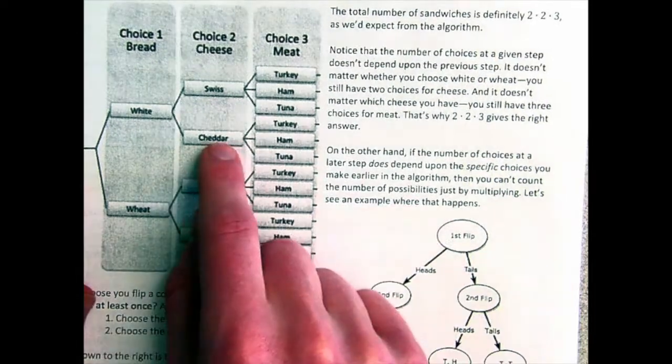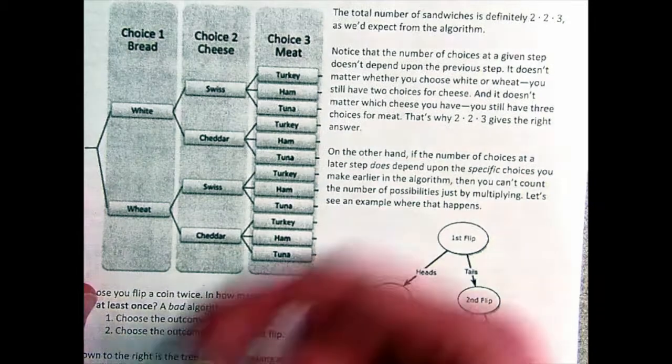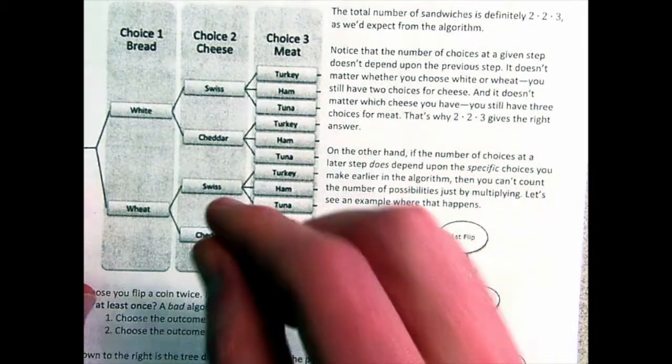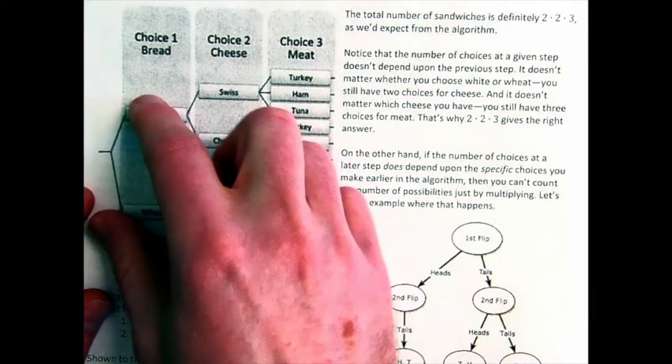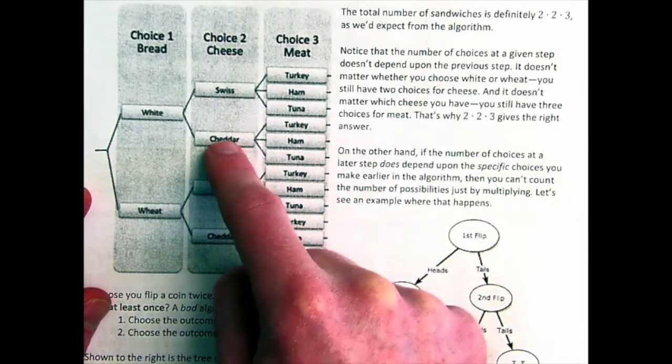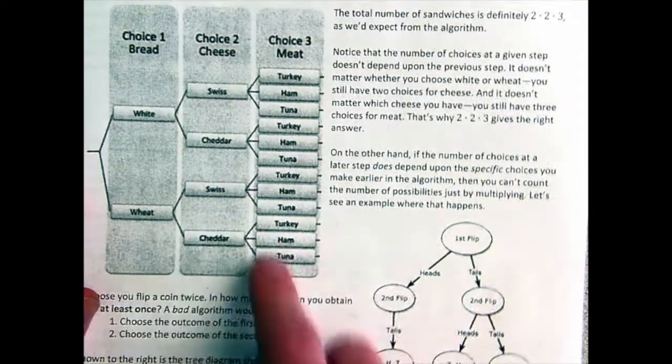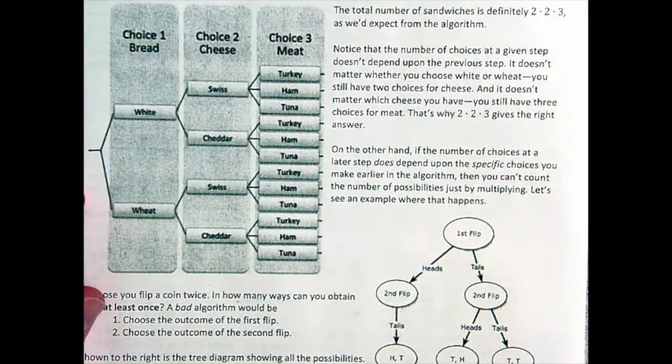And that corresponds exactly to what I said about how to use a counting algorithm. You count the number of choices for each step, and then you multiply. So there are 2 choices for the first step, 2 choices for the second step, 3 choices for the third step, so 2 times 2 times 3. And this picture basically tells you why that works.